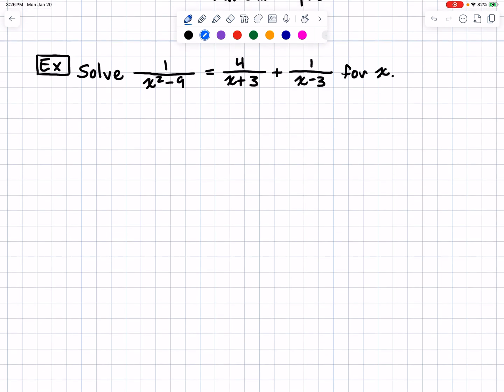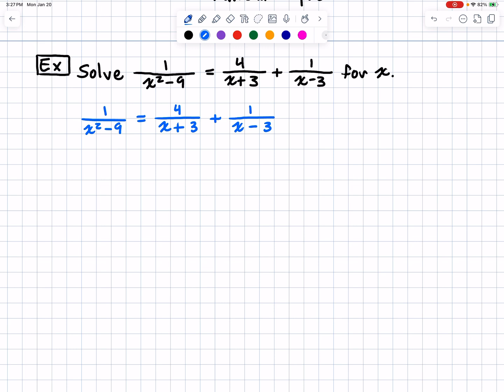So I'm going to have 1 over x squared minus 9 equals 4 over x plus 3 plus 1 over x minus 3.